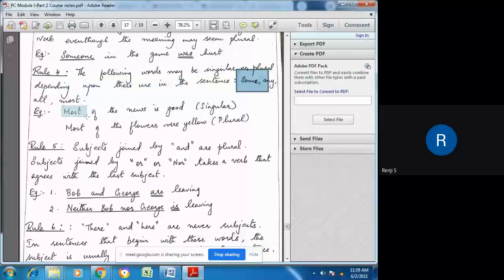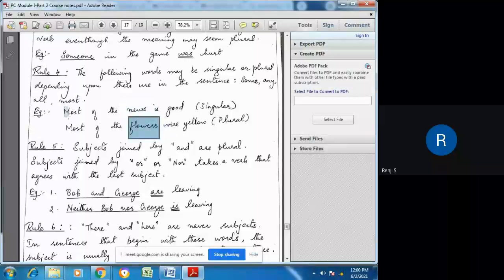If these words are used in a sentence, most of the news. Here the news is singular. And here, most of the flowers, and flowers is plural. Flower is singular and flowers is plural. News, singular and plural is the same. And for flowers, singular is flower, plural is flowers.